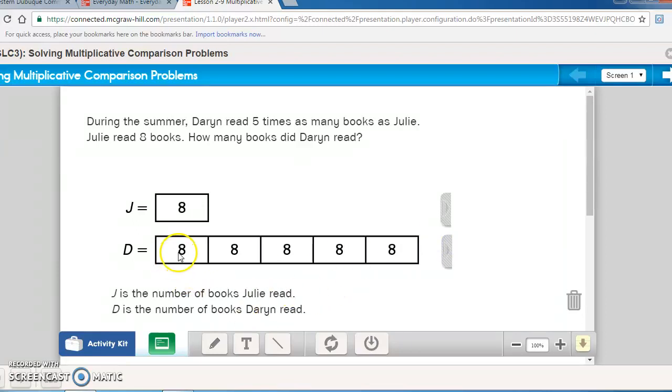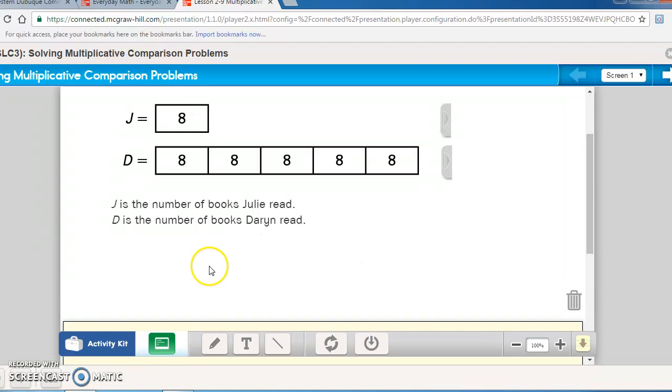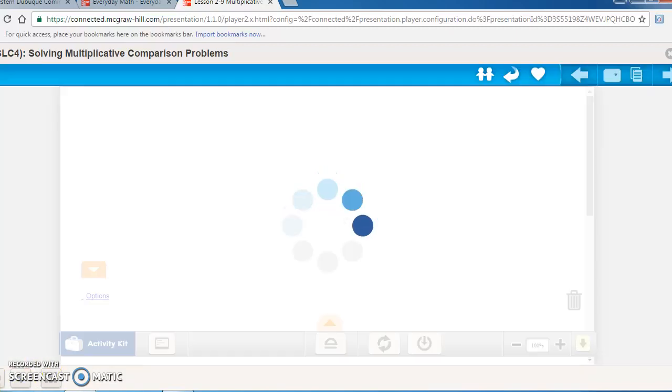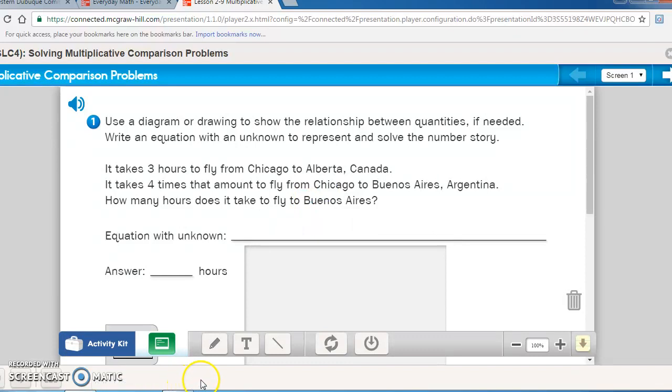But look at this. They put Darren down as 8 5 times. You can do repeated addition to figure out your answer if multiplication is a struggle for you. So 8 5 times or 8 times 5 is not going to affect your answer. They are both going to be the same. 8 times 5 equals 40.